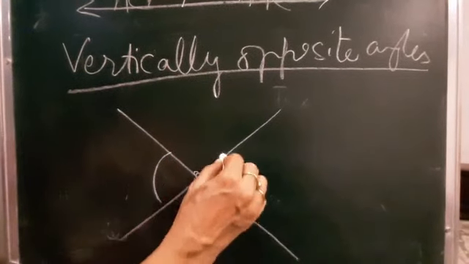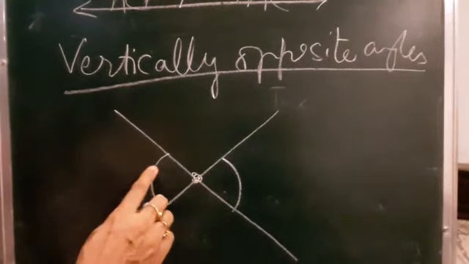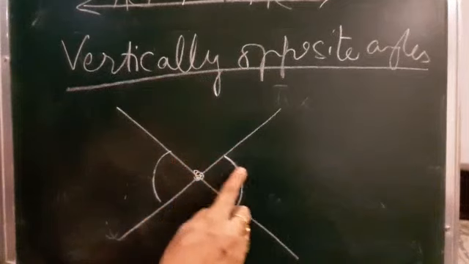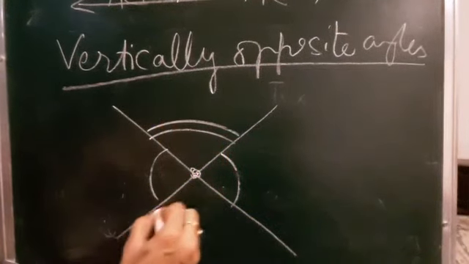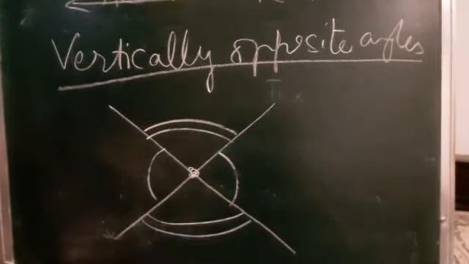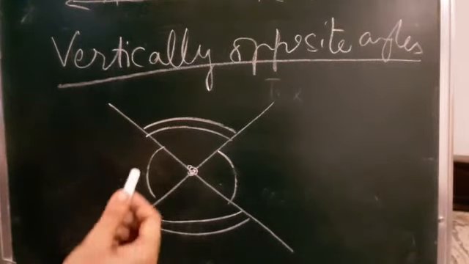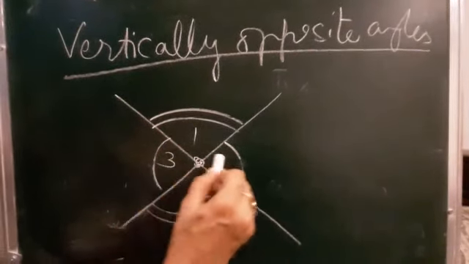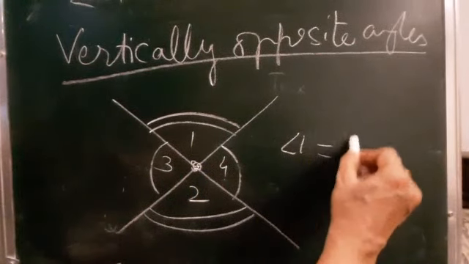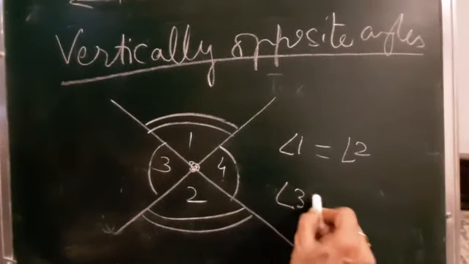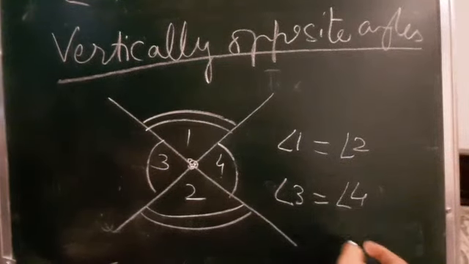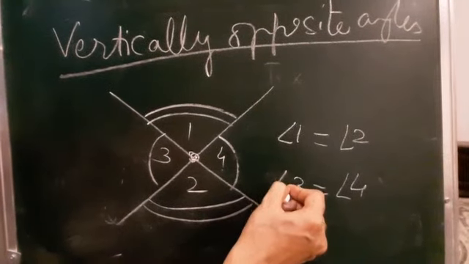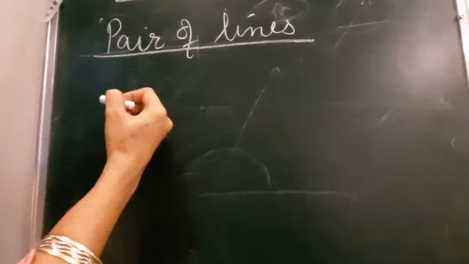The angles opposite to each other at the vertex are called vertically opposite angles. These two angles are also vertically opposite. And let me tell you, vertically opposite angles are always equal. Here angle 1 is equal to angle 2 and angle 3 is always equal to angle 4. Vertically opposite angles are always equal.